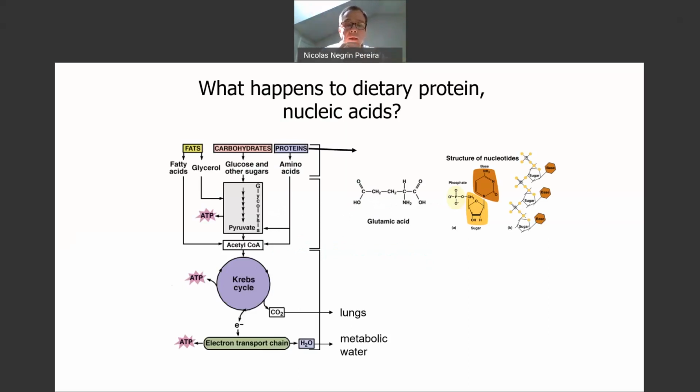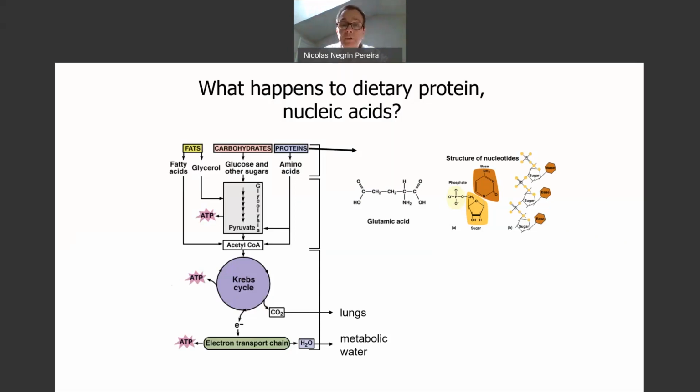In the case of the fat and carbohydrate pathways, we normally end up producing CO2, which is easily eliminated through the lungs by normal respiration, and water, which becomes metabolic water that is going to be used by the organism, or as we're going to see, reabsorbed or excreted according to the osmotic equilibrium within the animal.